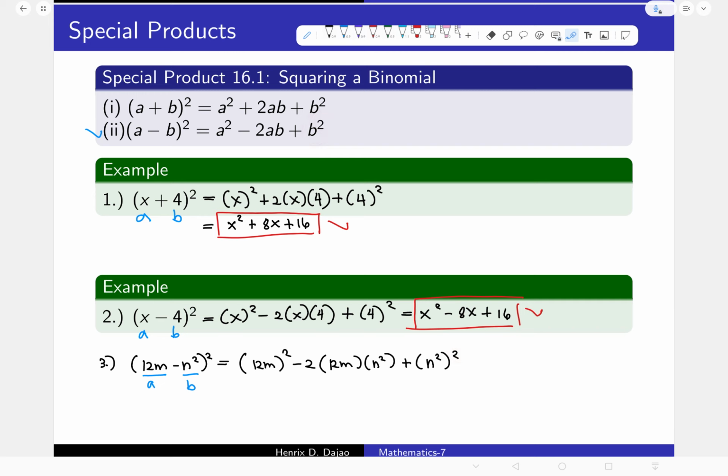Now just simplify. So basically we're done here. All you have to do is to simplify. This one is 12 squared m squared, using a property of exponents. Then 12 times 2, that's 24 mn squared, plus n raised to 4. 12 squared, that's 144 m squared.